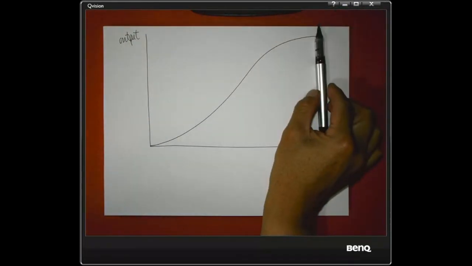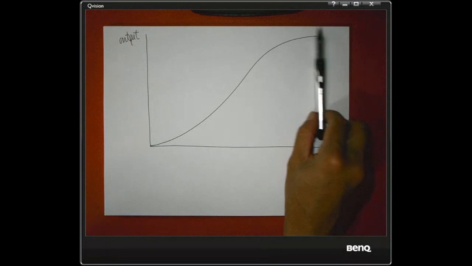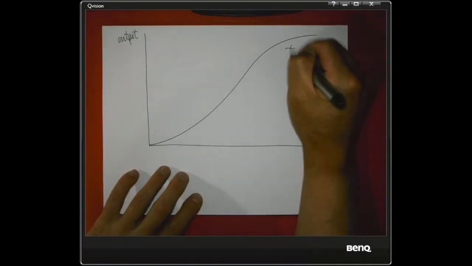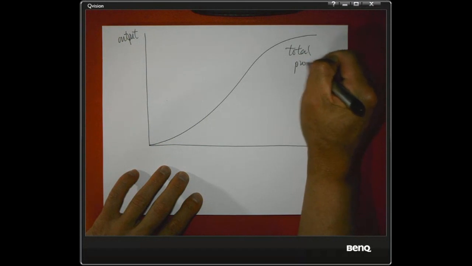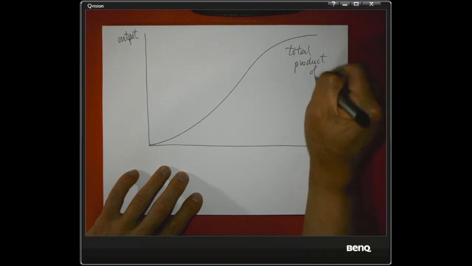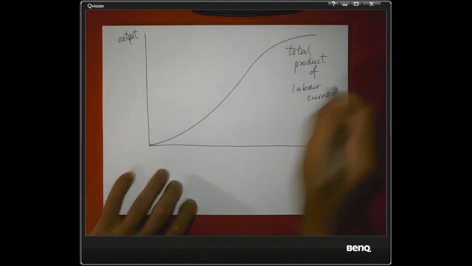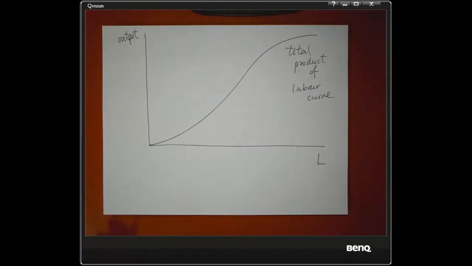You cut the bell in half, the half bell shape. This is what we call the total product of labor curve. That is the relationship between labor inputs and output a factory can produce.